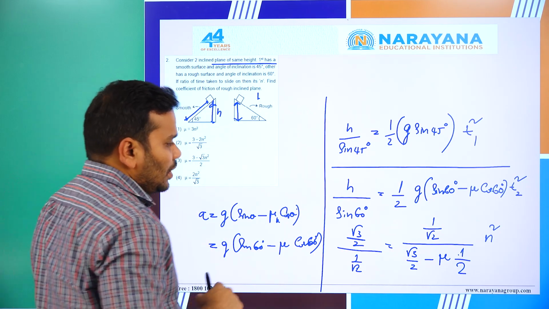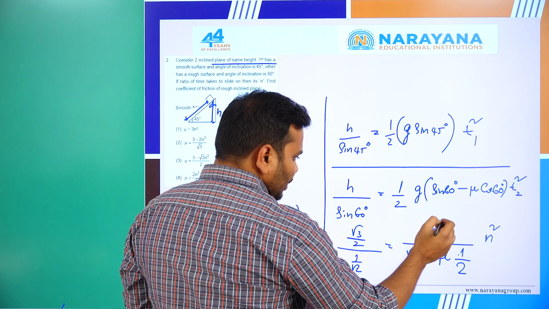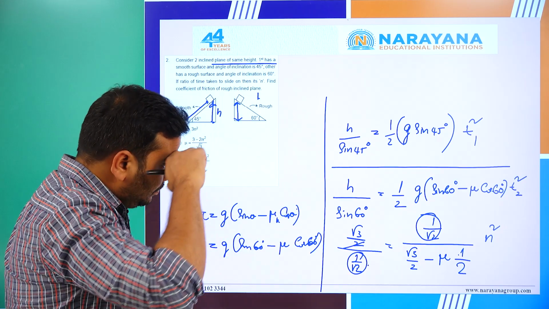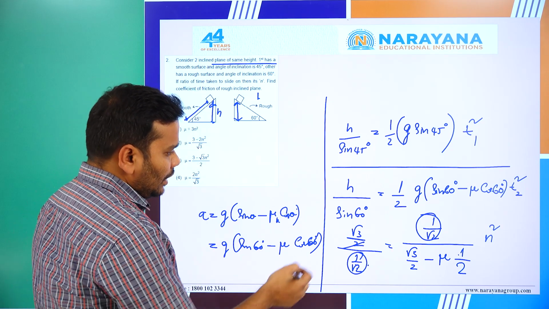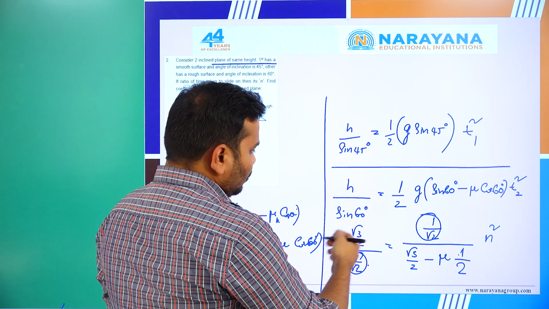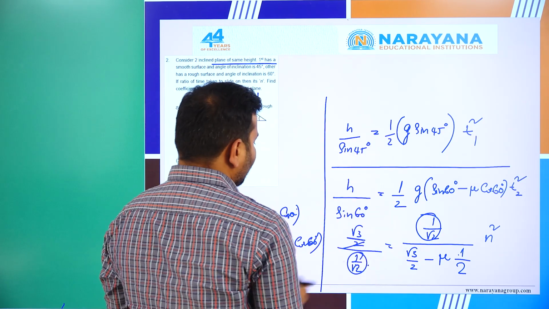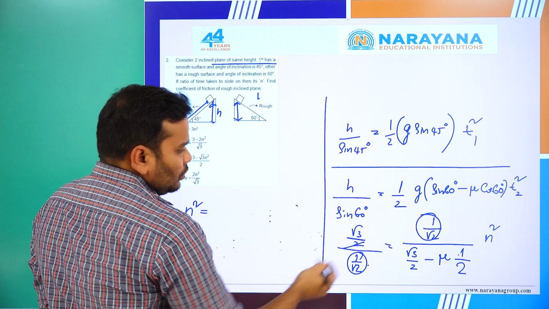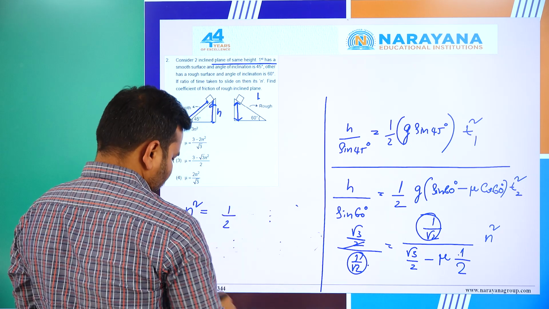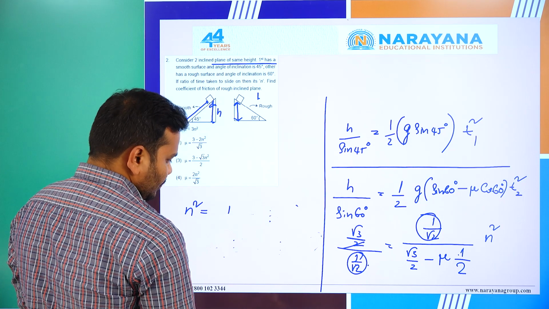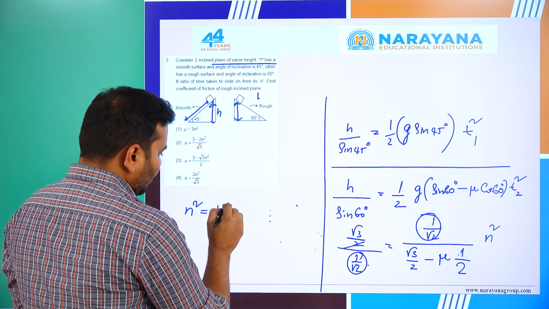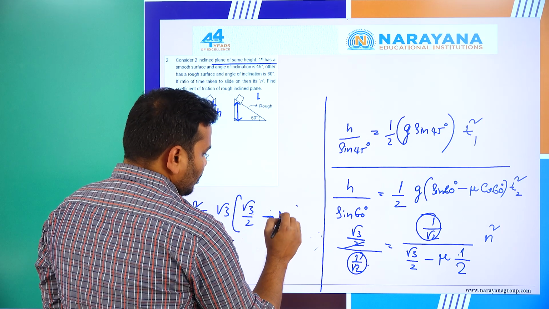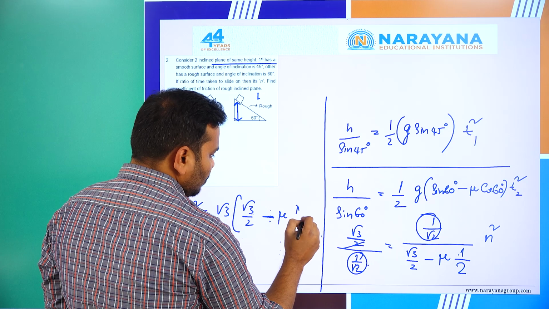From this, the root 2 you take to the other side, and this root 2 and this root 2, ultimately you can cancel, and now for that n square you will get, so root 3 into, from this equation you will get, so I am erasing this one, so that n square is equal to root 3 times root 3 by 2 minus mu into 1 by 2, right.